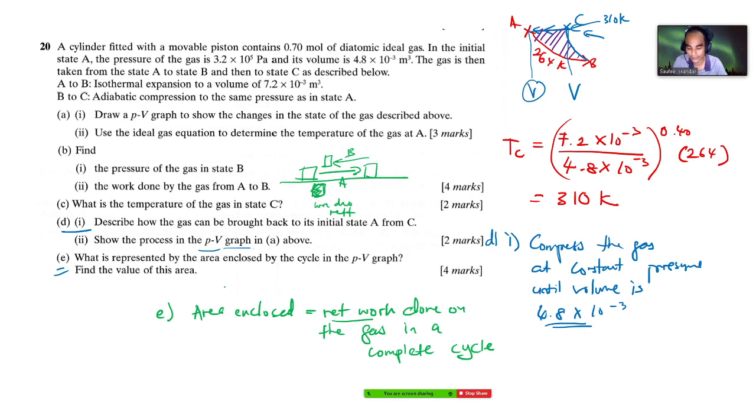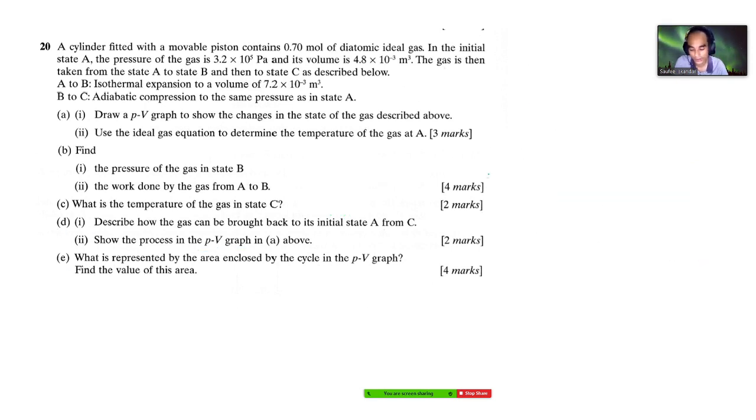Find the value of this area. To find the value of this area, again I have to go A to B, B to C, C to A. First B to C. The heat quantity Q equals 0, and equals change of U plus W, the first law of thermodynamics.